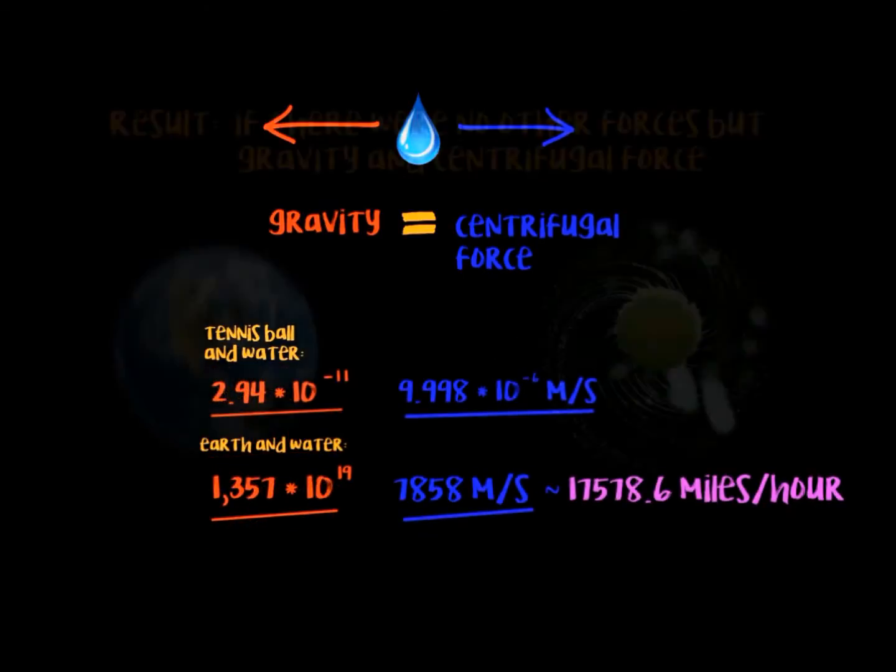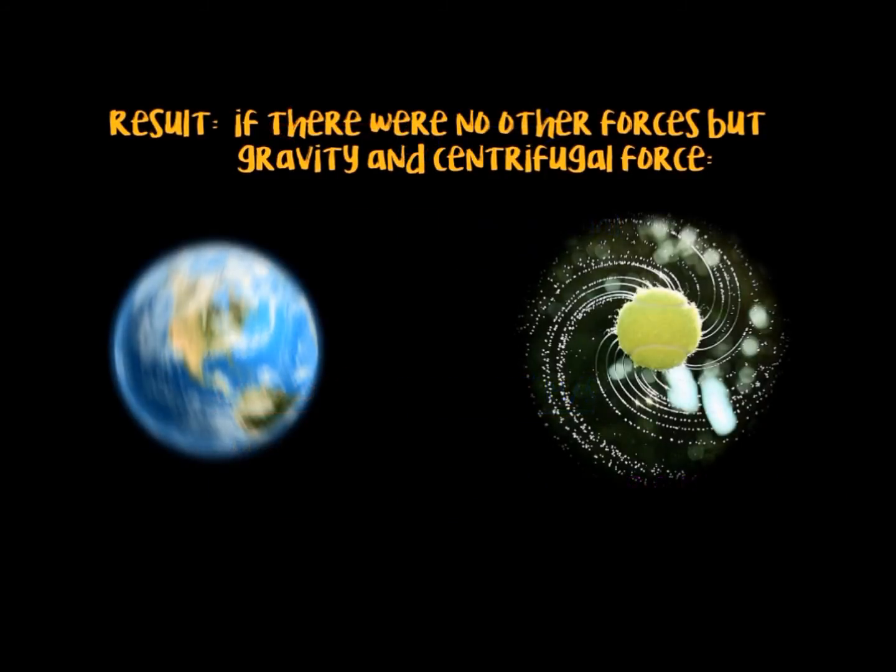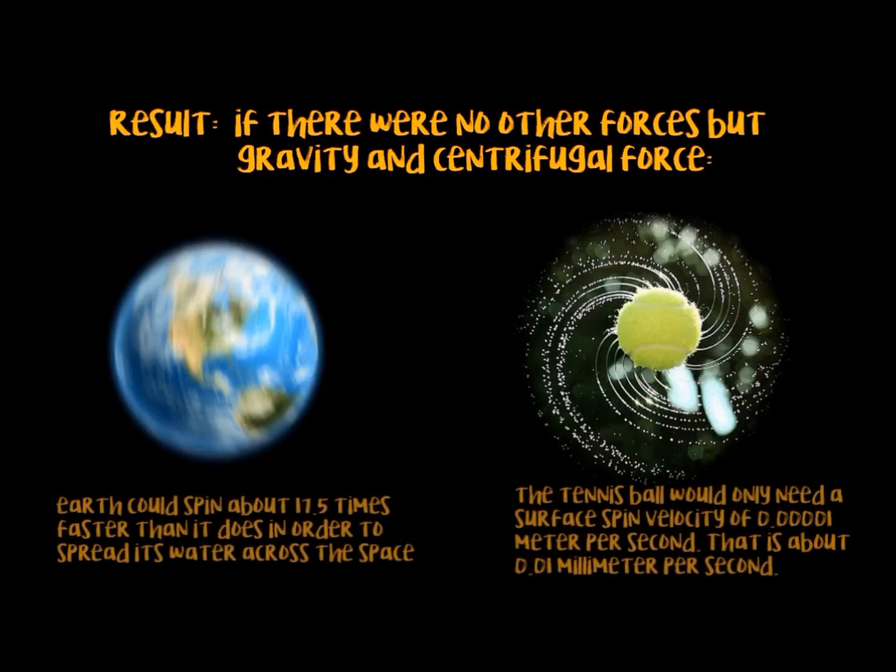If there were no other forces except gravity and centrifugal force, Earth could spin 17.5 times faster than today before it loses its water. And the tennis ball would need a surface spinning velocity of 0.01 millimeters per second.